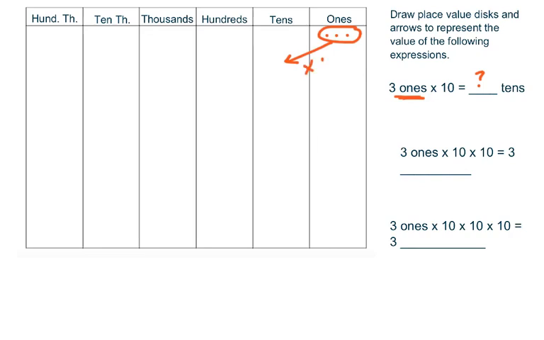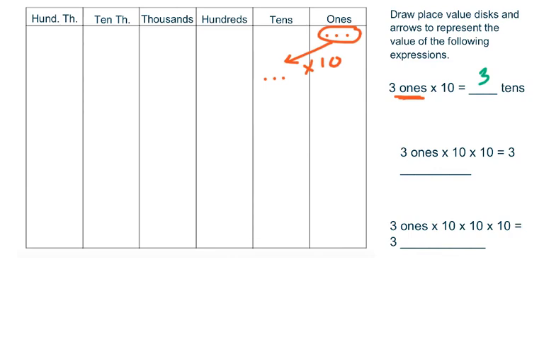When I multiply by 10, I send it over to the column on my left, which means that this would end up in the tens place. Now, if I think about my question mark, how many tens does that equal when I multiply 3 ones by 10? My answer should be 3 tens.